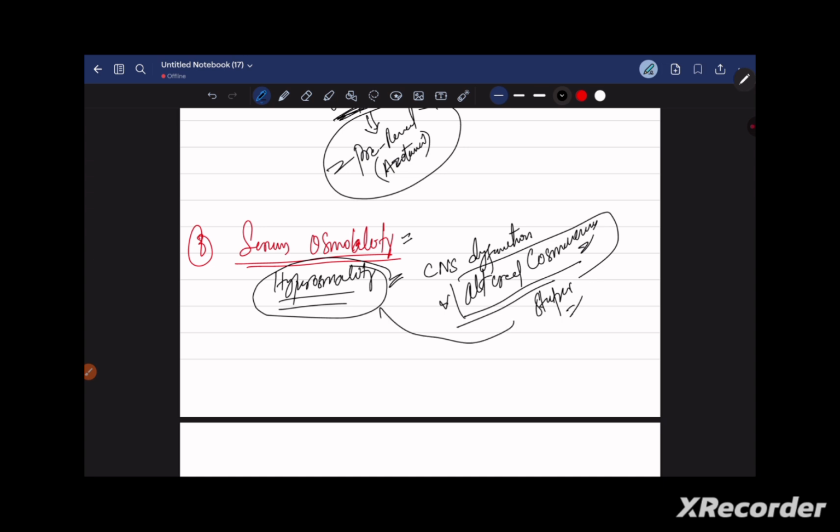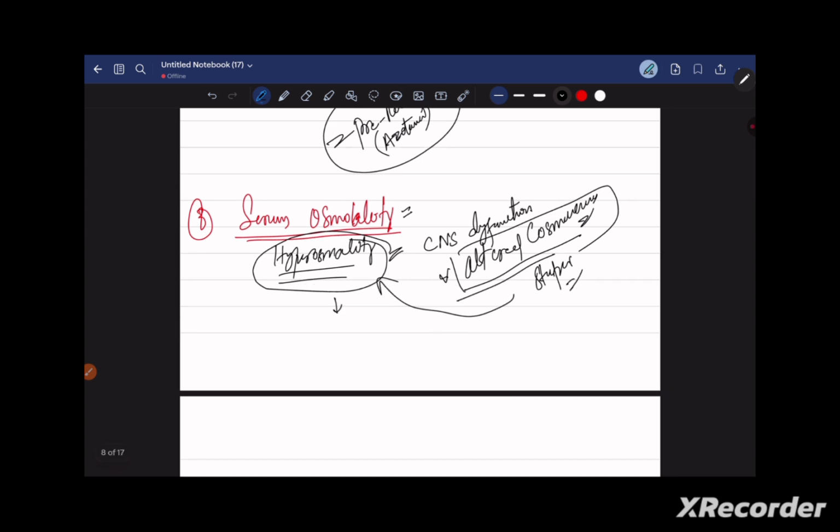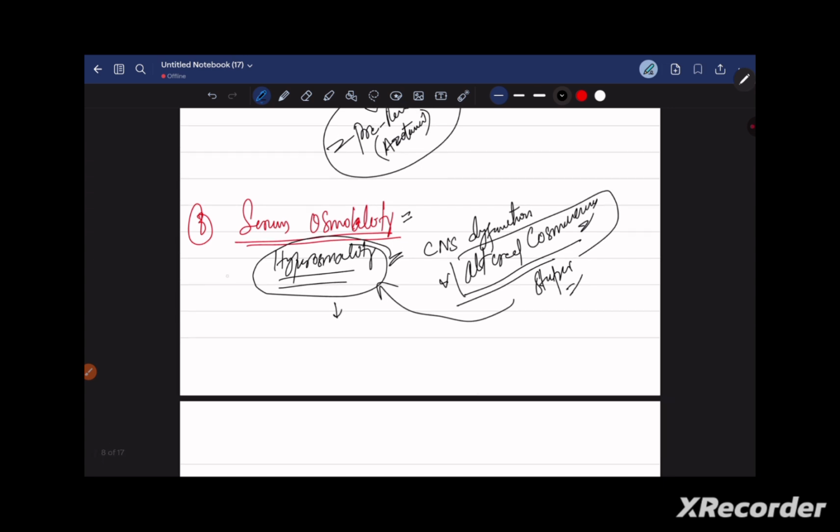So the main reason behind it is that there is hyperosmolality, and a special type of consciousness is seen in DKA dogs and cats because of the increased serum osmolality, and that is known as clouded consciousness. Okay, it is seen in DKA dogs and cats.